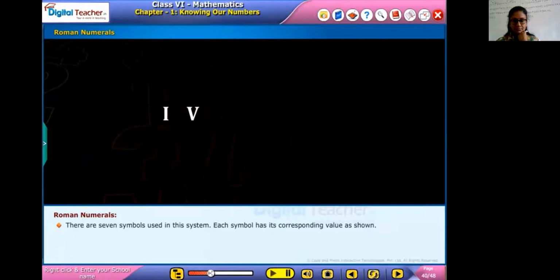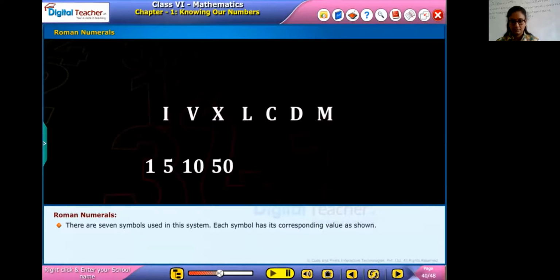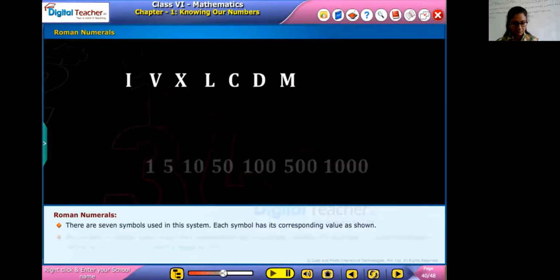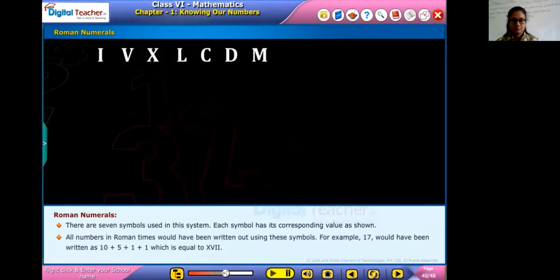There are 7 symbols used in this system. Each symbol has its corresponding value as shown. I represents 1, V stands for 5, X means 10, L is used for 50, C marks 100, D indicates 500, and M is 1000. All numbers in Roman times would have been written out using these symbols.